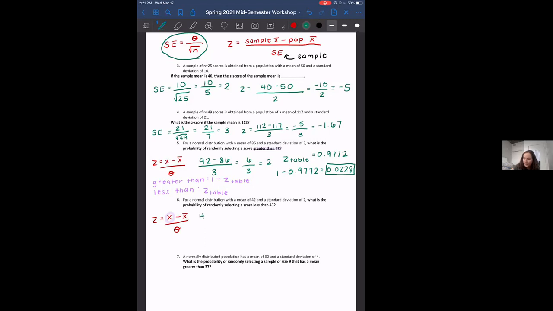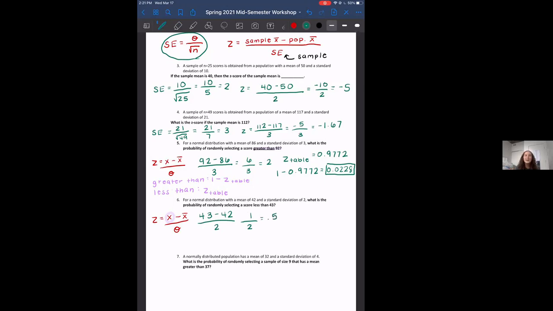What about the mean? 42, yes. And the standard deviation? 2, yes. Okay, so 43 minus 42 is, sorry, not negative, positive 1, divided by 2, which is equal to 0.5.